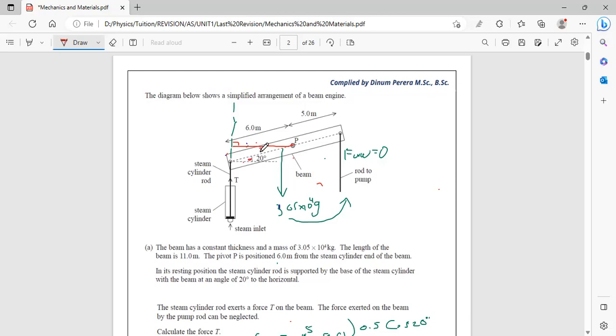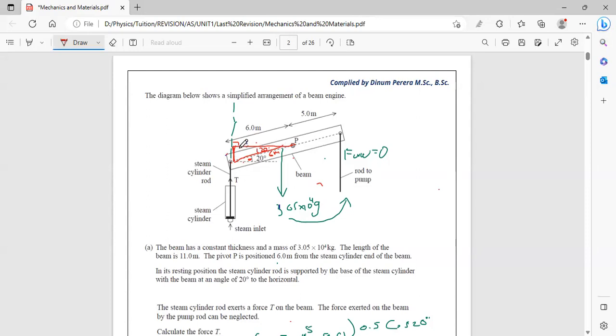Since this angle is 20, this angle is 20 as well. The distance from this N to P is 6 meters, right? This distance is 6 meters. So when you consider the triangle that I have marked here, hypotenuse is 6 meters. The angle here is 20, that red one.